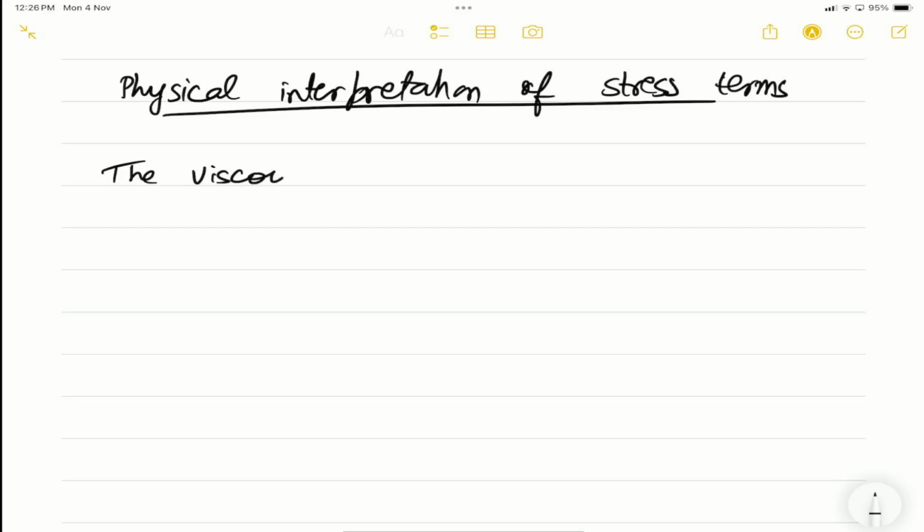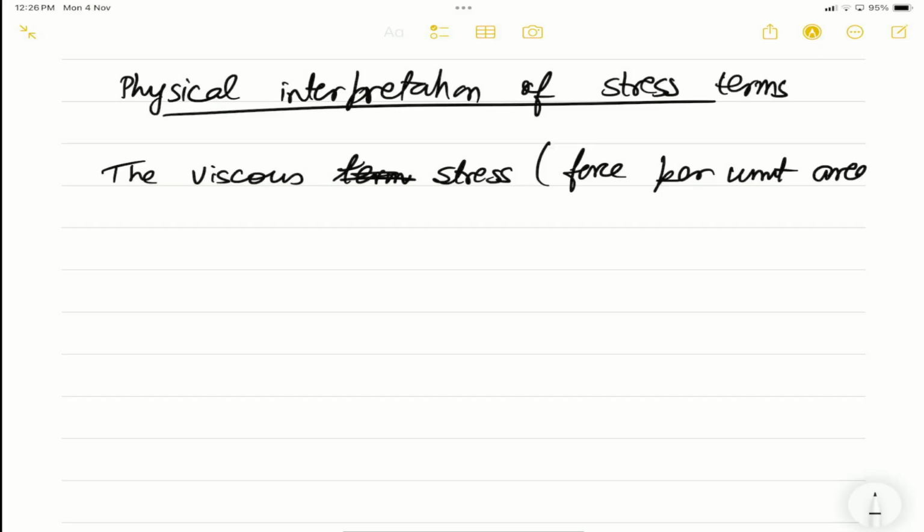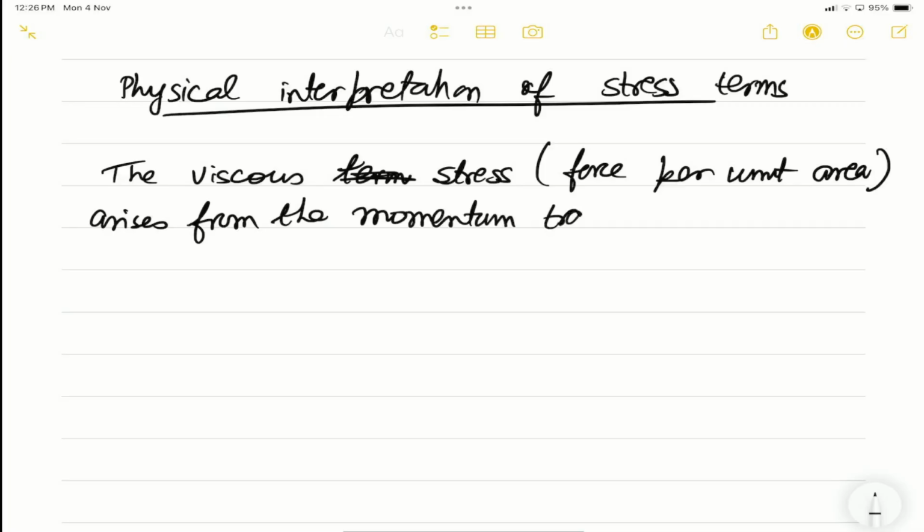The viscous stress, which is the term containing mu, which is force per unit area, arises from the momentum transfer at molecular level.